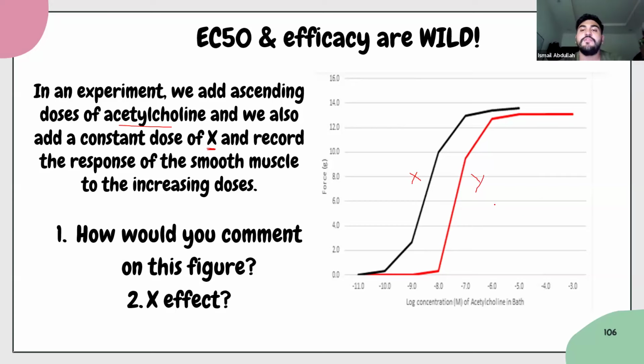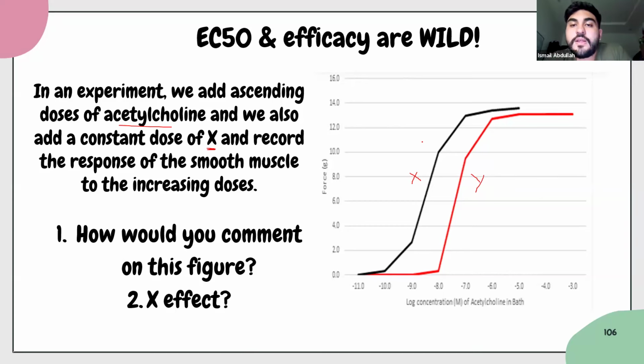When you want to comment on the figure, you want to comment on the shift in EC50, and the shift in potency and efficacy. For your sake, to be able to understand this is a competitive antagonist, you need to look at the efficacy and potency. Always look at both of them. This can guide you.